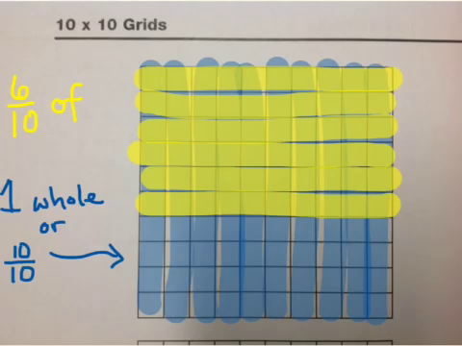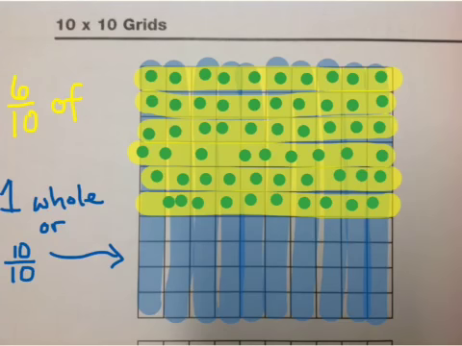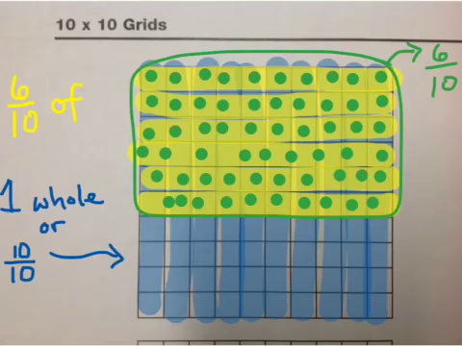Now with your colored pencils, this is going to be even cooler because you know from art that blue and yellow makes green. So we could count up all the boxes that overlapped, which is all of these. And we can figure out that 6/10 of one whole, or 6/10 of 10 tenths, equals 6/10, because anything times 1 equals itself.